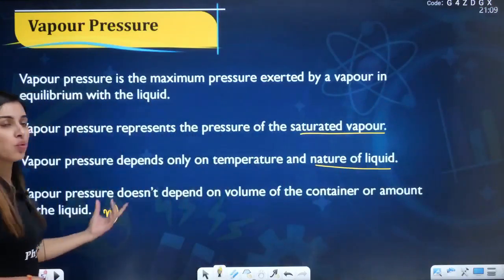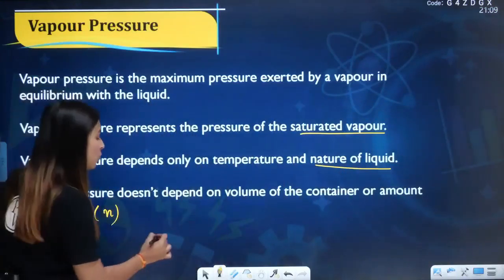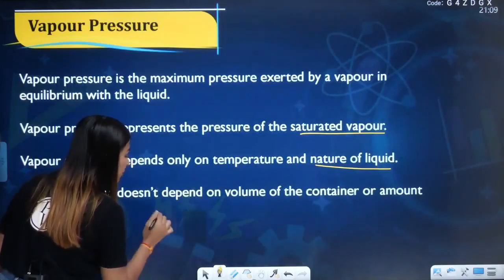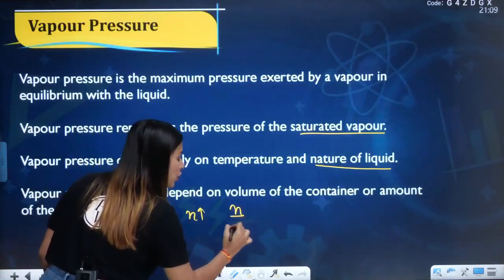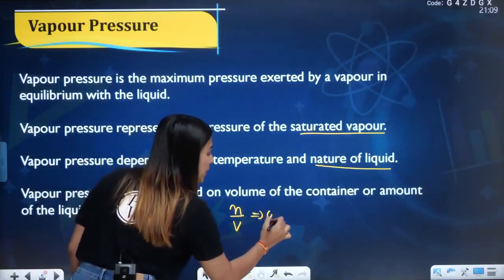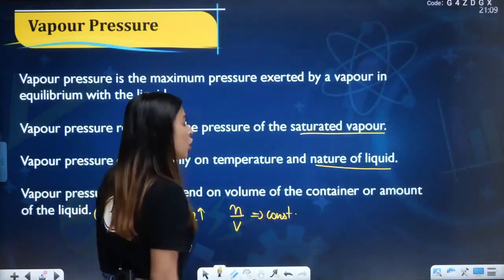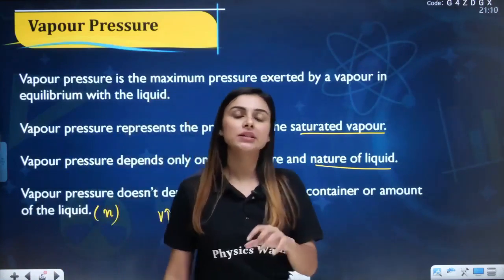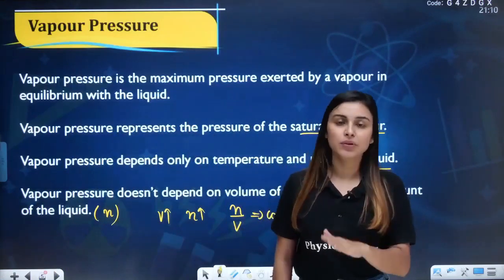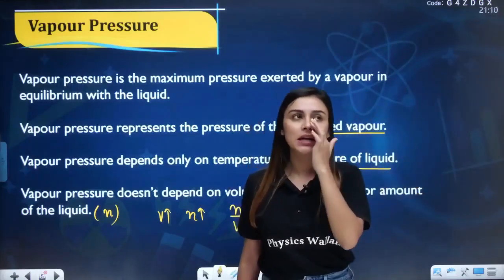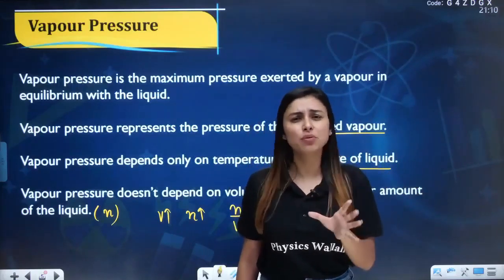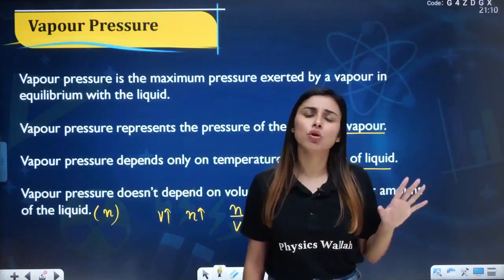We have studied that the more you increase the volume of the container, the more the number of moles will increase, and all in all, n by V will always remain a constant value. All these things were discussed in the last class. If you have forgotten, then go through the last 10 to 15 minutes of that class, and you will be thorough with the concept.